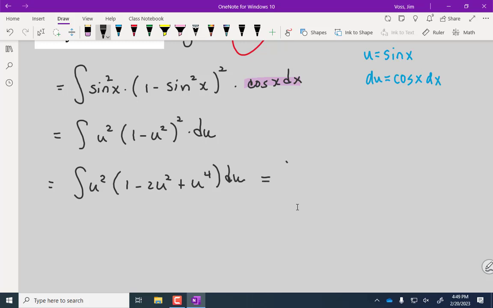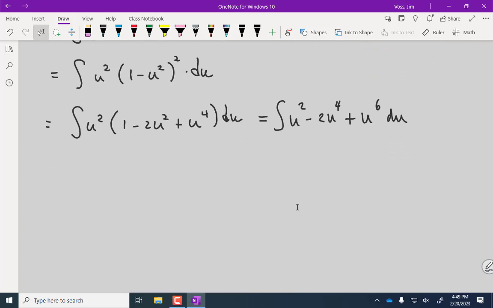And then distribute that u squared. We've got that. And the nice thing about these is that this procedure always leaves us with something very easy to integrate.